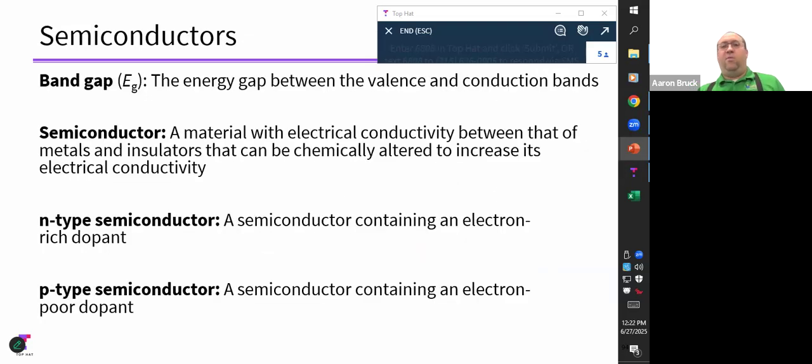Semiconductors, on the other hand, what we see with semiconductors is that there is a band gap, but the band gap is small enough that if we introduce material to it, the material can actually help to bridge that gap and make it so that the material is able to conduct electricity at least a little bit.